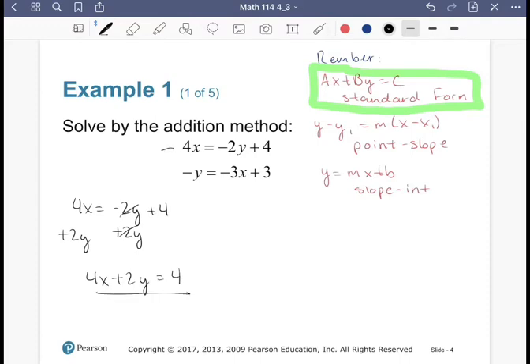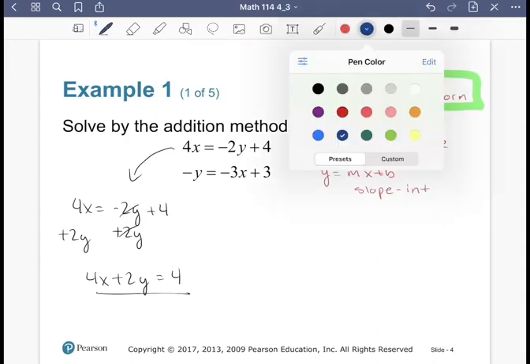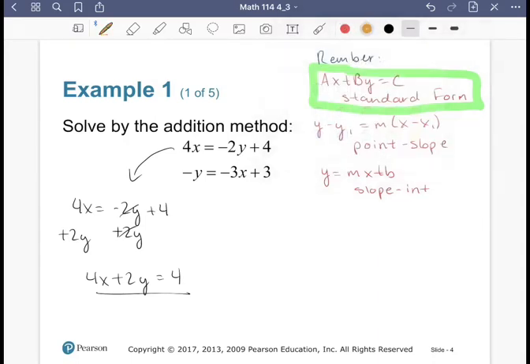This is in standard form. Now I'm going to get this one. I have negative y equals negative 3x plus 3. I'm going to add 3x to both sides. Now I have 3x minus y equals 3. So now they're both in standard form.